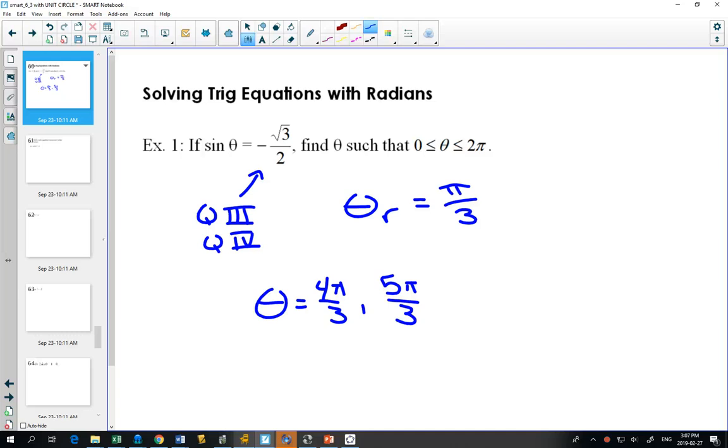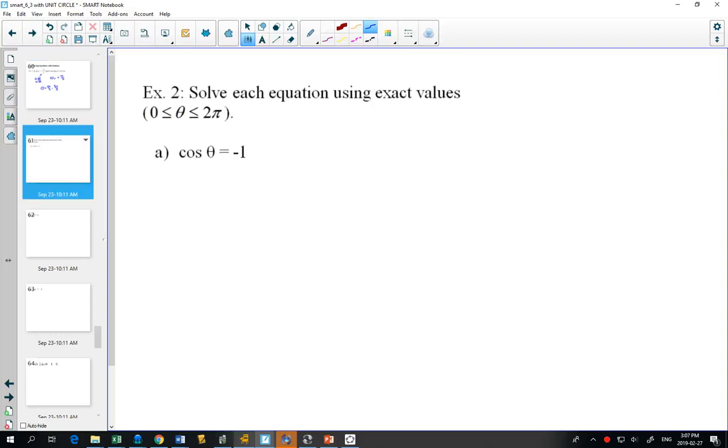So if you recognize the value, you can find out what family it belongs to. And if you know what family it belongs to and you know what quadrant it's in, then you can just list the right answers in the right quadrants. So our second example. When is your x-coordinate negative 1?